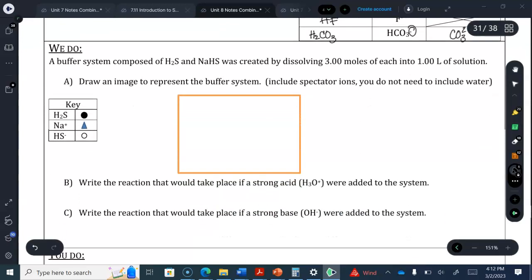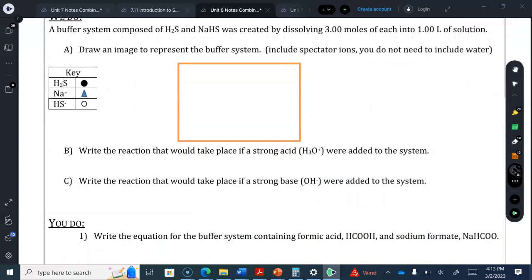So now let's look at a buffer system composed of hydrosulfuric acid and its conjugate base, created by dissolving 3 moles of each into 1 liter of solution. Draw an image to represent the buffer system. Include spectator ions. You don't need to include water.